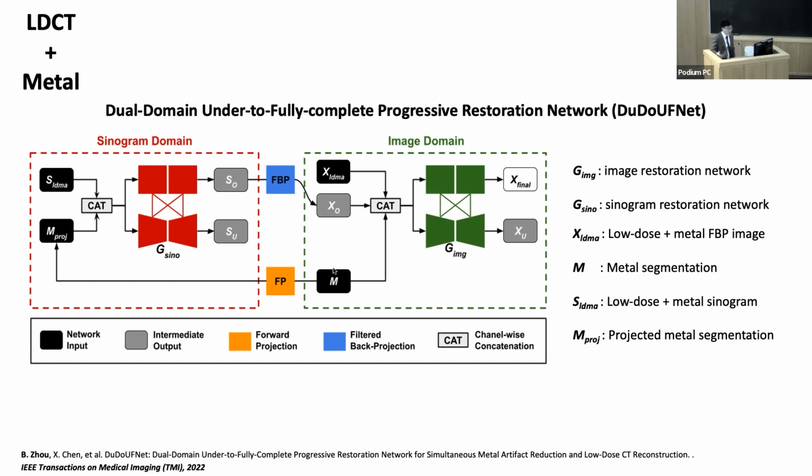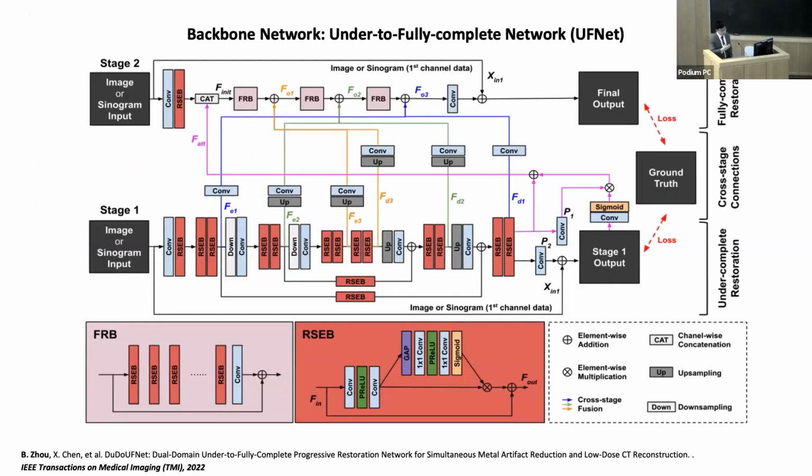To enable high fidelity restoration in each domain, we also propose an under-complete to fully-complete backbone network. Here is the architecture of our backbone network, the UFNet. The idea is pretty simple.